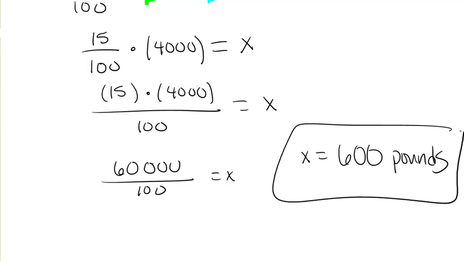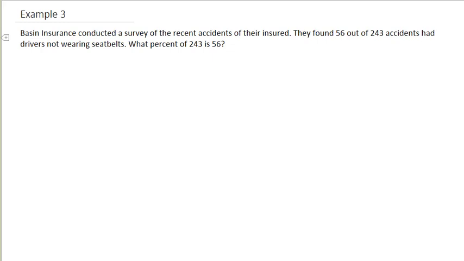So let's do one final example. Example 3. Basin Insurance conducted a survey of the recent accidents of their insured. They found 56 out of 243 accidents had drivers not wearing seatbelts. What percent of 243 is 56?